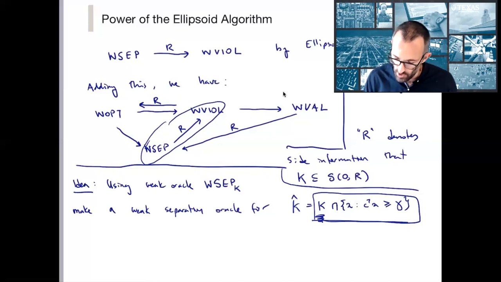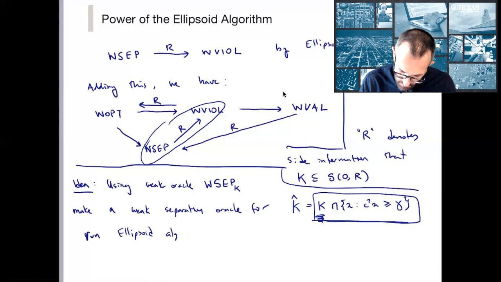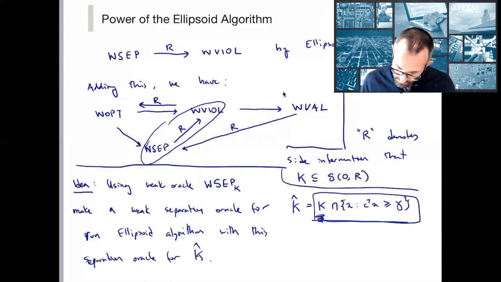So we make a weak separation oracle for K, and then we run the ellipsoid algorithm with this separation oracle for K hat. And this is the story.